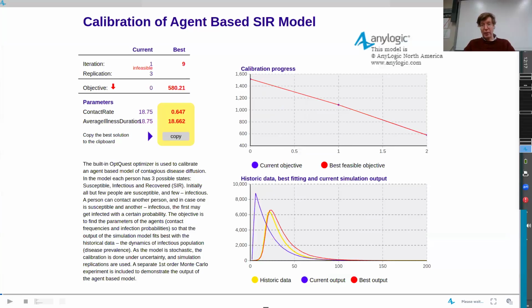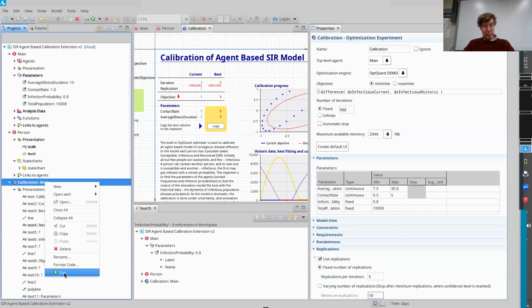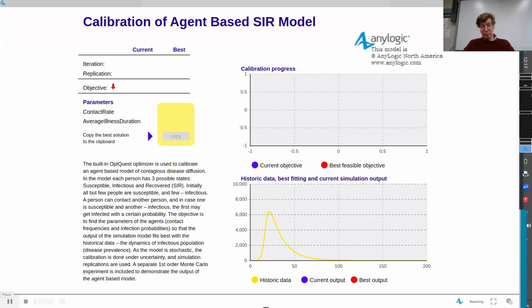So I'm going to stop this and stop that confusion, and I am going to go and rerun this. So this is now contact rate. I'm going to build it, and I'm going to run it, and have it display those. And presumably now it's not reporting the same thing each time.